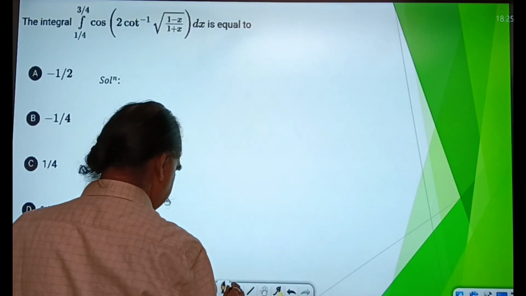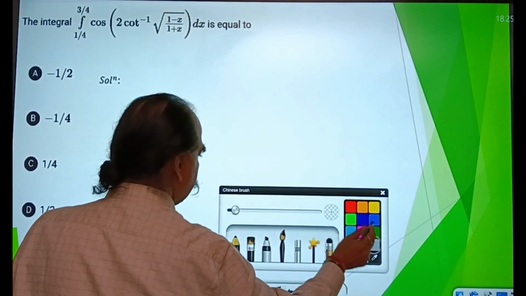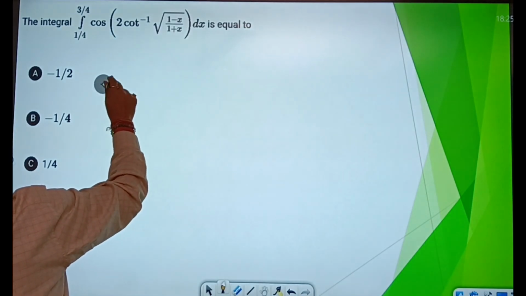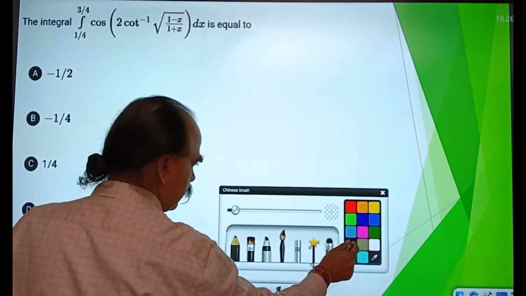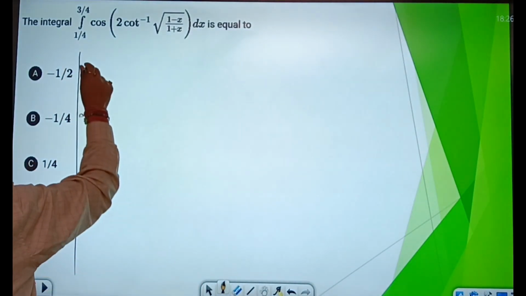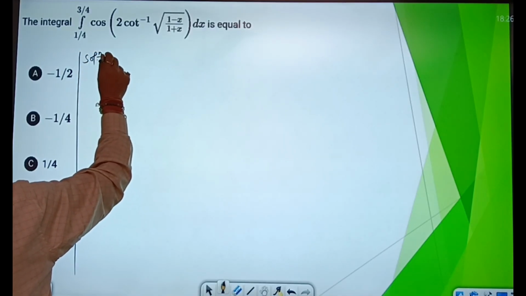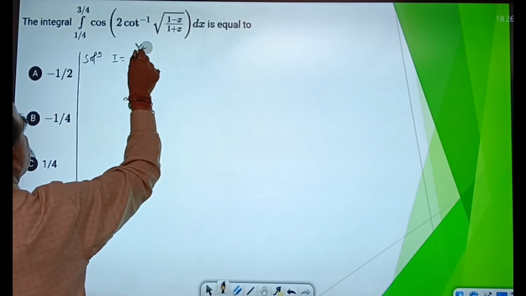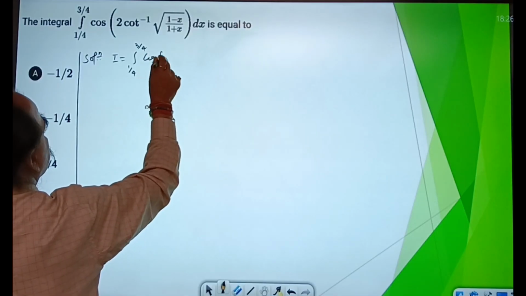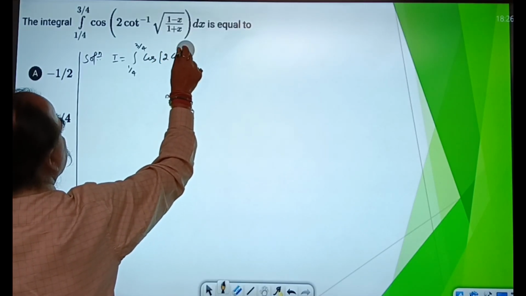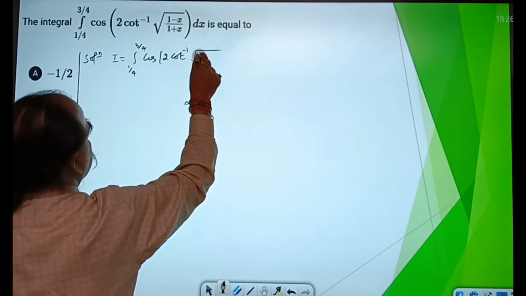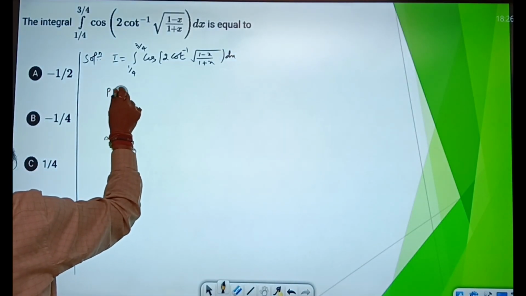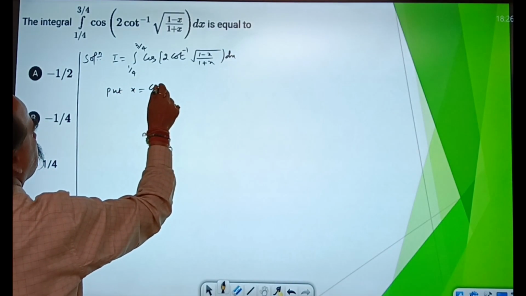Next problem is: I is the integral 1 by 4 to 3 by 4 of cos of 2 cot inverse root of (1 minus x upon ... ). Put x is equal to cos 2 theta.